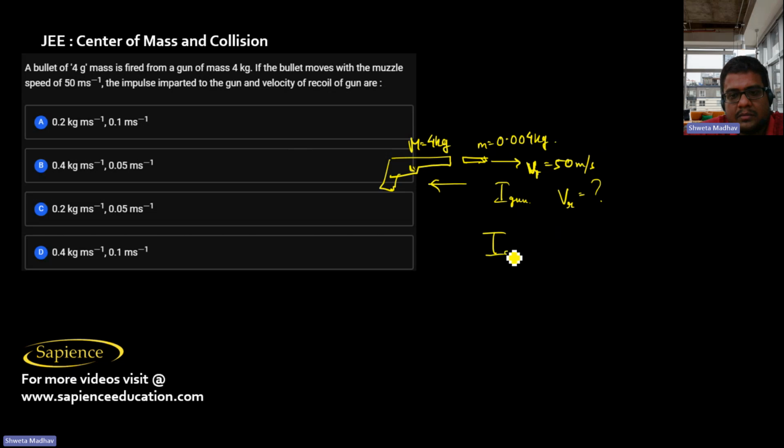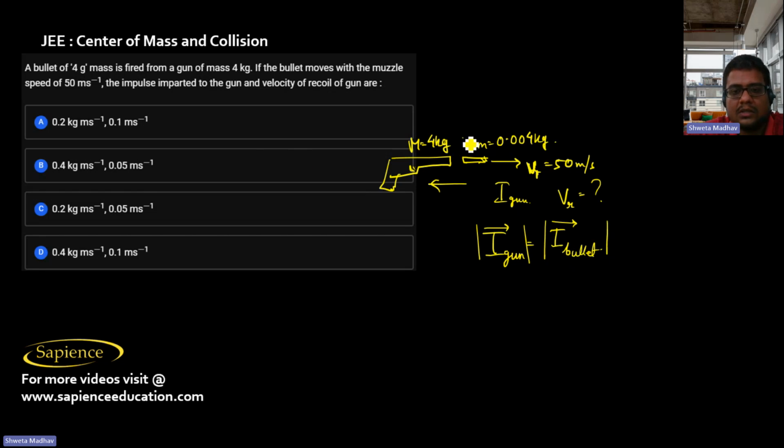So here the impulse imparted to the gun will be the same as the impulse imparted to the bullet, meaning their magnitudes will be the same.